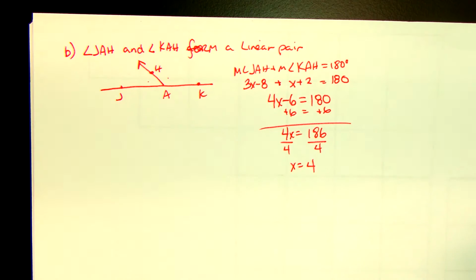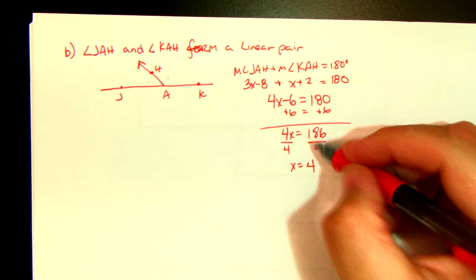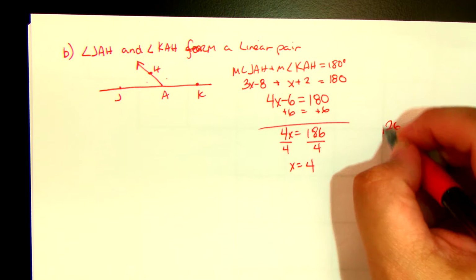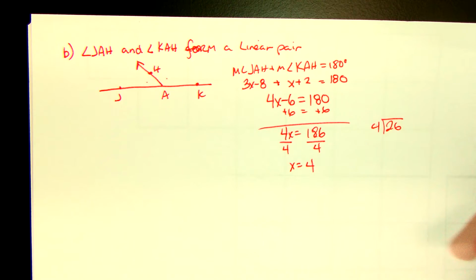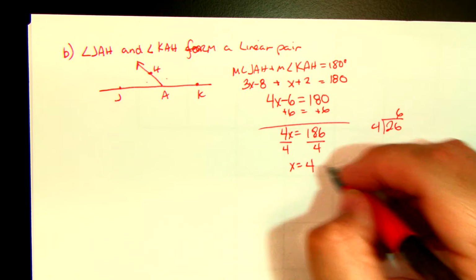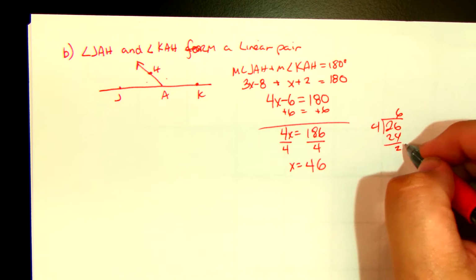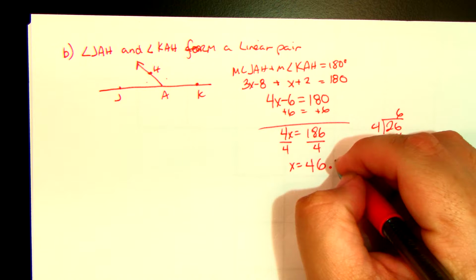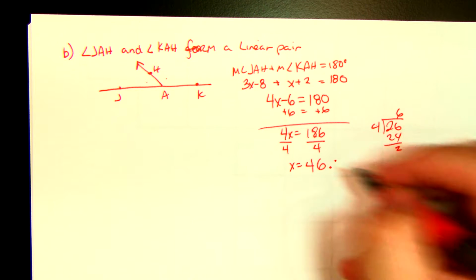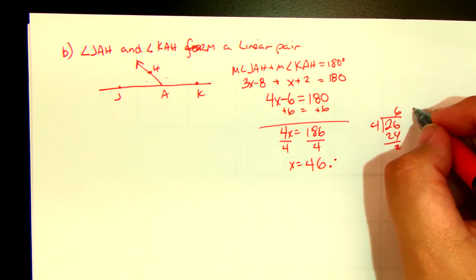So I got 26 left over. 4 is going to go into there 6 times. So it's 46. 24, 2 left over. So that's going to end up being 2/4. That's 2 over 4 is my remainder, so that's 46.5 degrees.